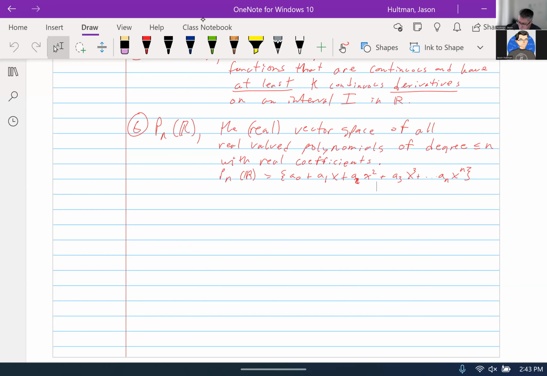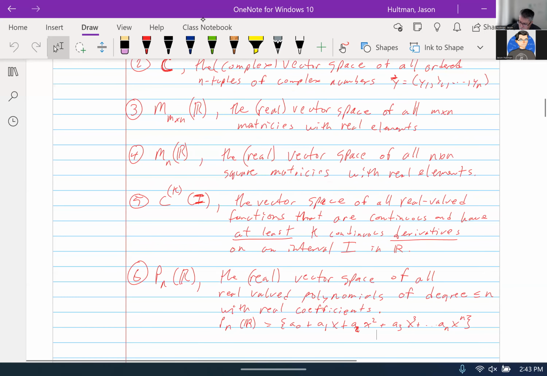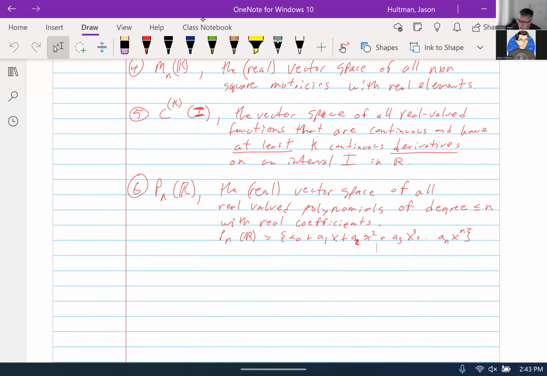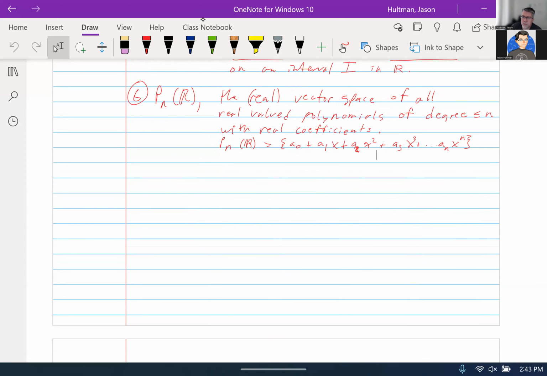These are just the ones that we deal with on a daily basis in the real world. But you can define your addition and multiplication operations however you want, and as long as they fit those 10 axioms, then it's still defined as a vector space.